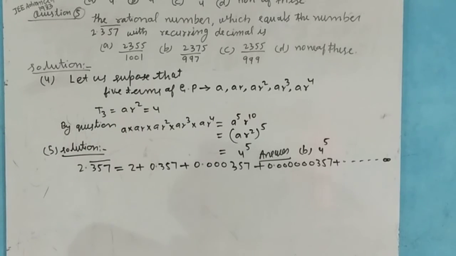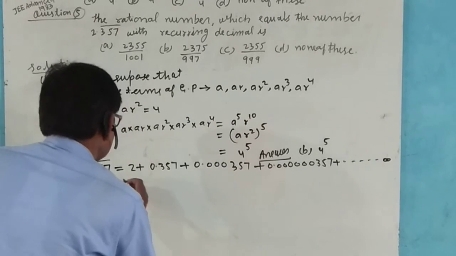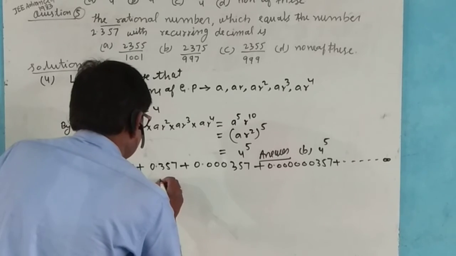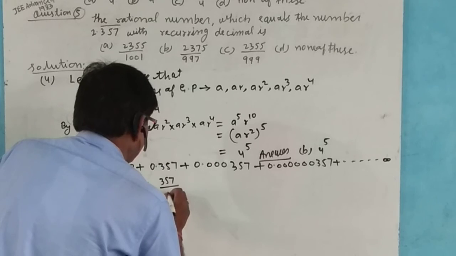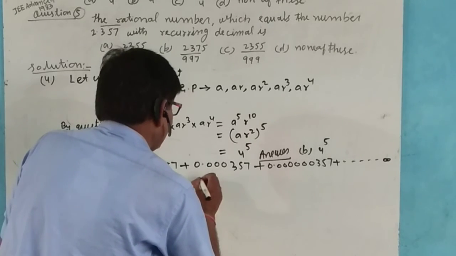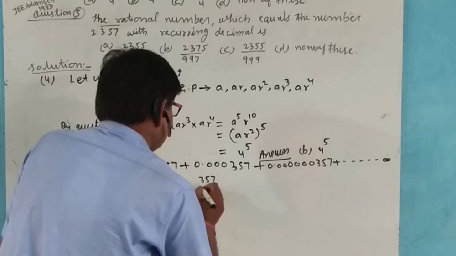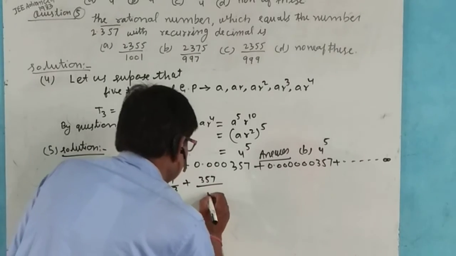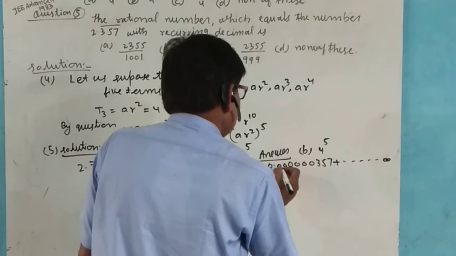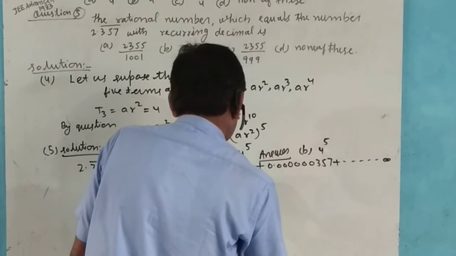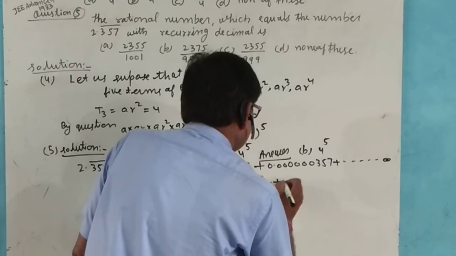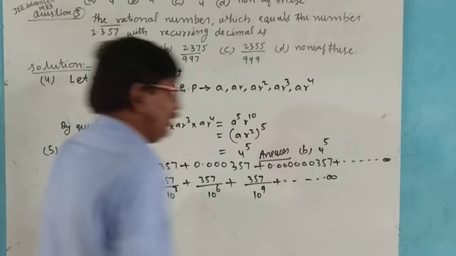Now this can be written as here 2 plus 357 divided by 10 to the power 3 plus this can be also written as 357 divided by 10 to the power 6. This can be also written as 357 divided by 10 to the power 9. This goes to infinity.